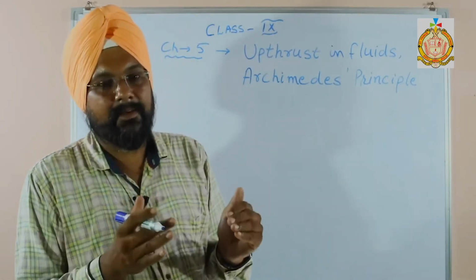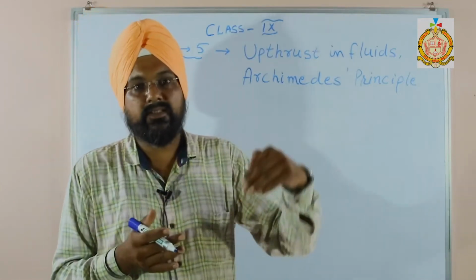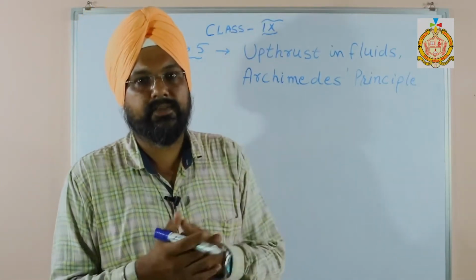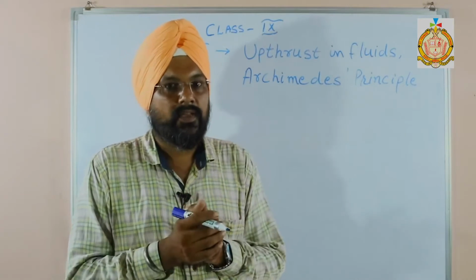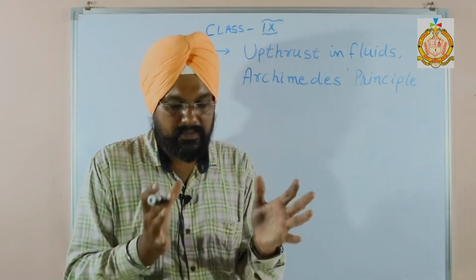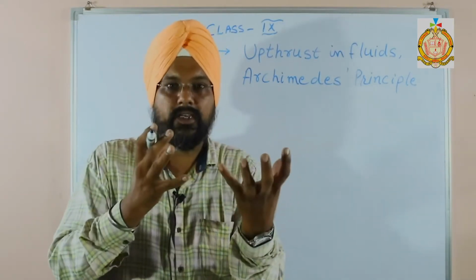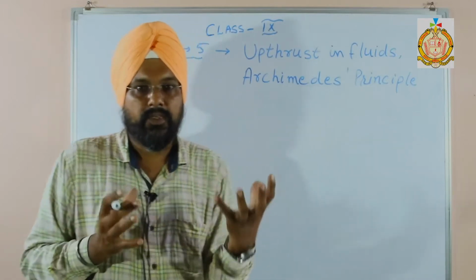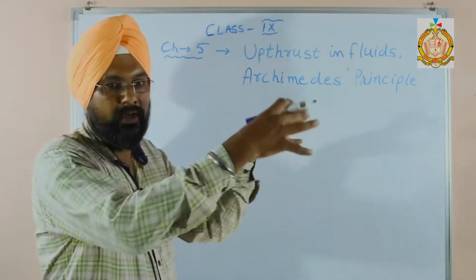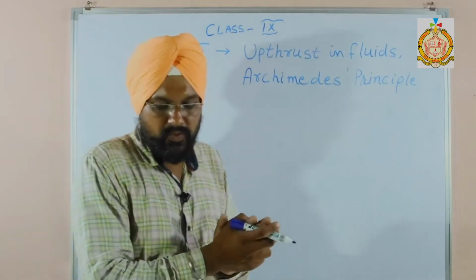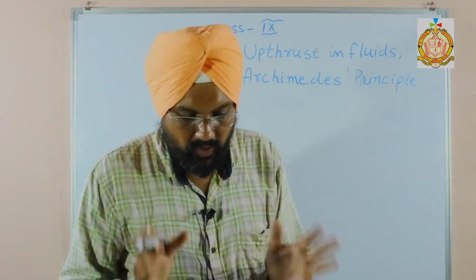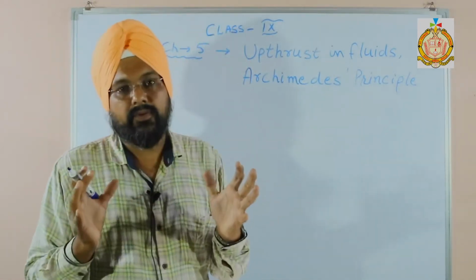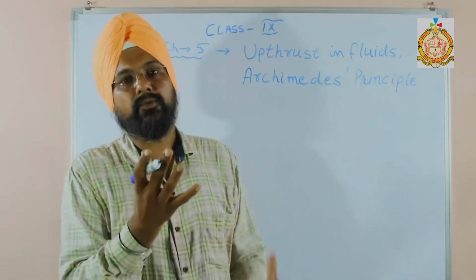Thrust is the force which acts normally downward on a surface, and upthrust is the upward force exerted by the liquid to float an object on the surface. So, the upward force exerted on a body by the liquid. Who is applying the force upward?